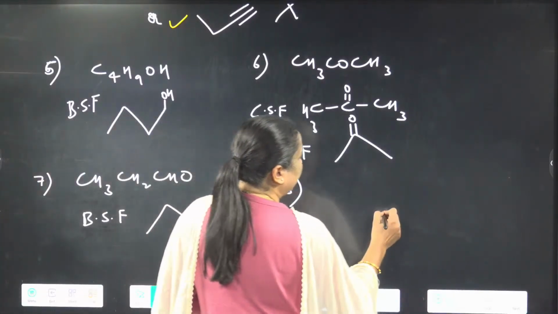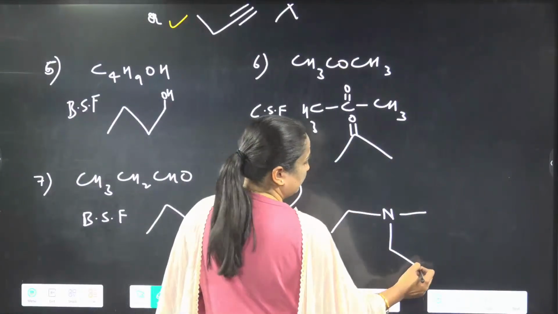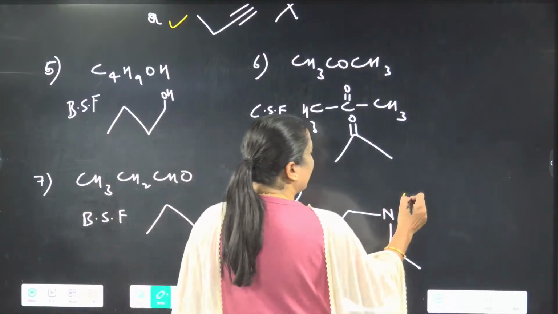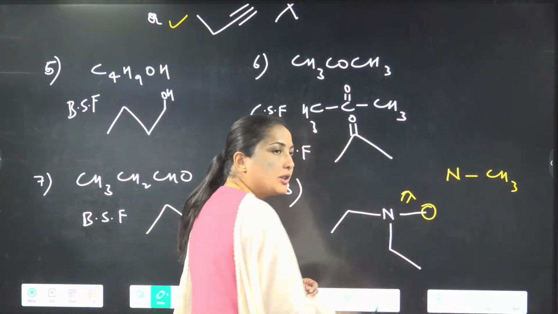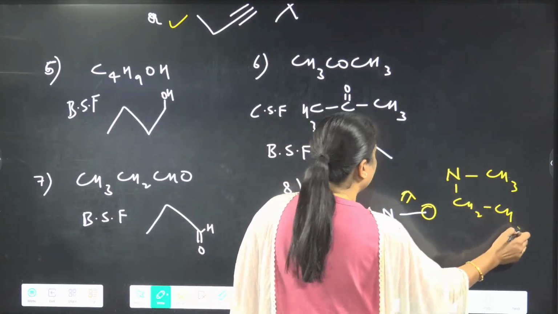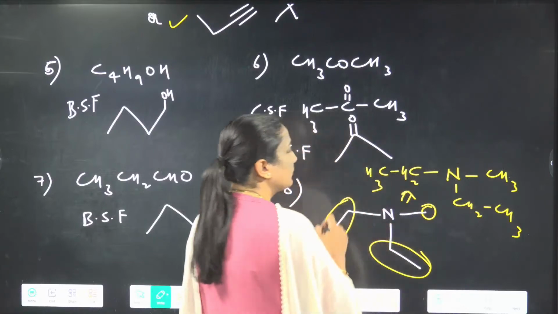And if I am writing something like this, connected to nitrogen, and I ask you to write down the formula, it will be N connected to CH3. This is one carbon, CH3. Two carbon containing compound, CH2, CH3. Here also two carbon containing. Getting it? CH2, CH3.